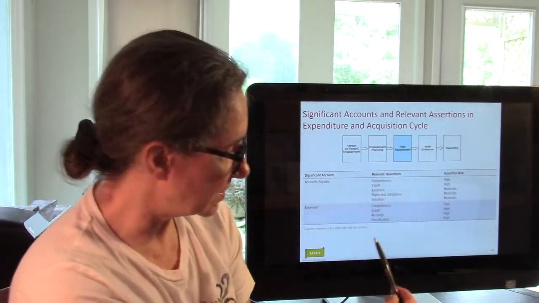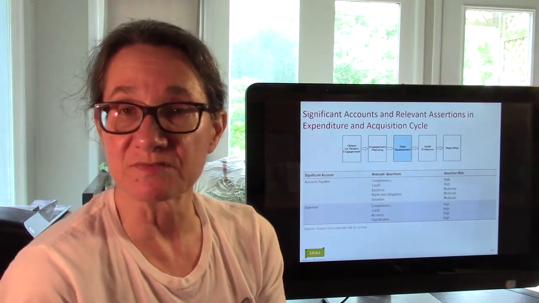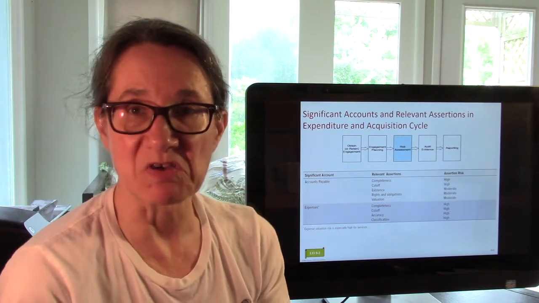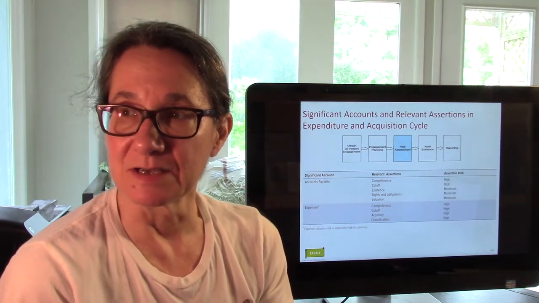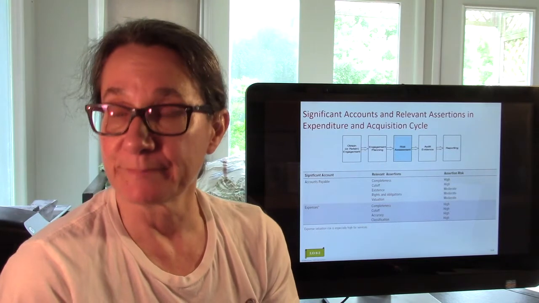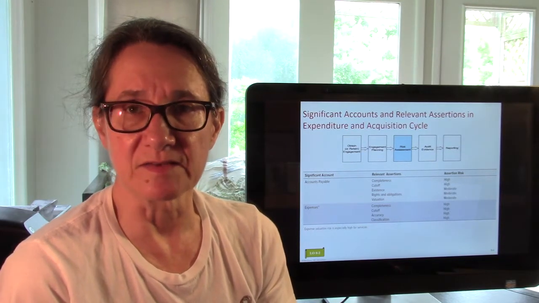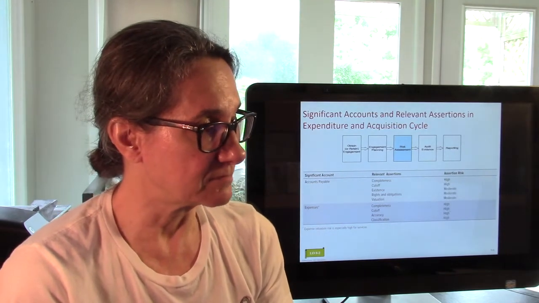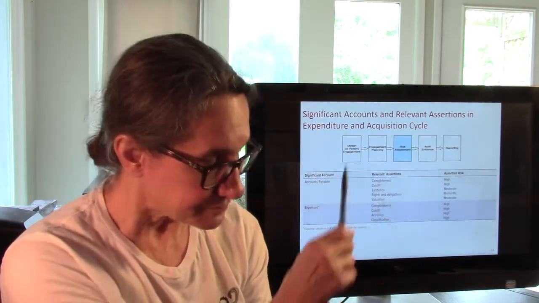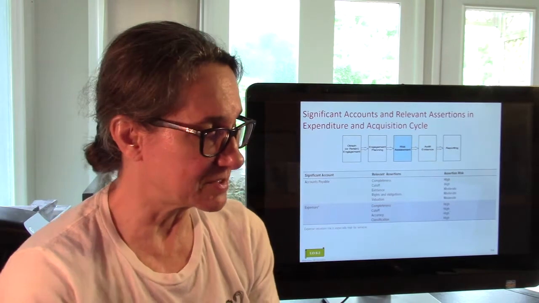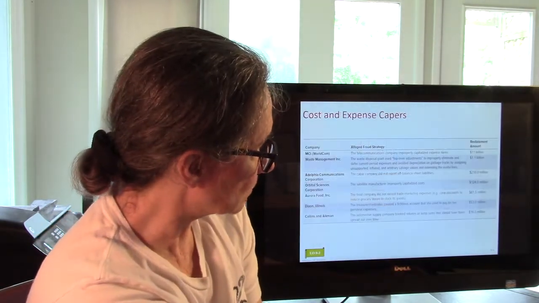So some very famous frauds occurred by simply calling an expense an asset. The biggest one that comes to mind is WorldCom. They used some expenses as assets and really committed a big fraud there. So anyway, accounts payable and expenses, those are the big things to watch here.